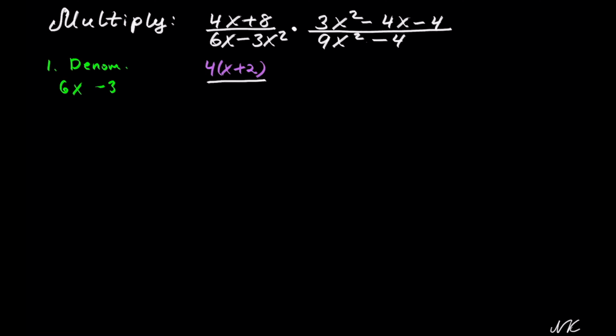Let's factor the first denominator from the first fraction, which is 6x minus 3x squared. I am going to rearrange terms in descending order of the exponents. We have 6x to the first power minus 3x to the second power, and it's best practice to keep exponents in decreasing order. Let's just rearrange this.